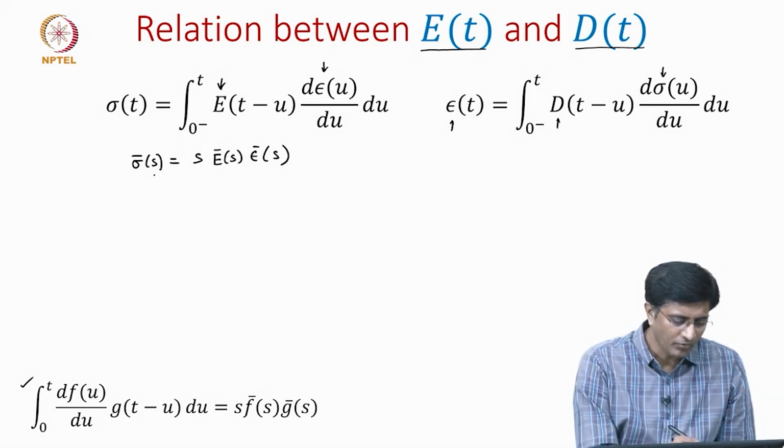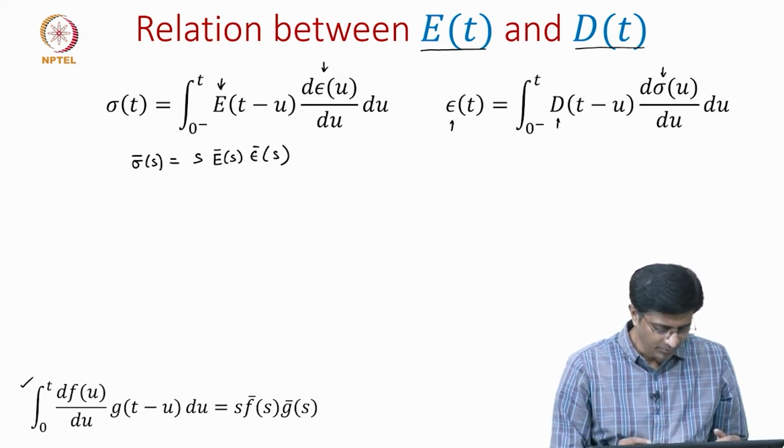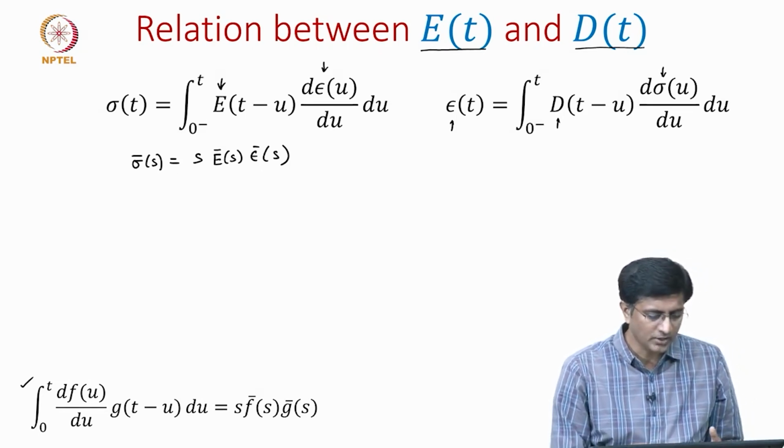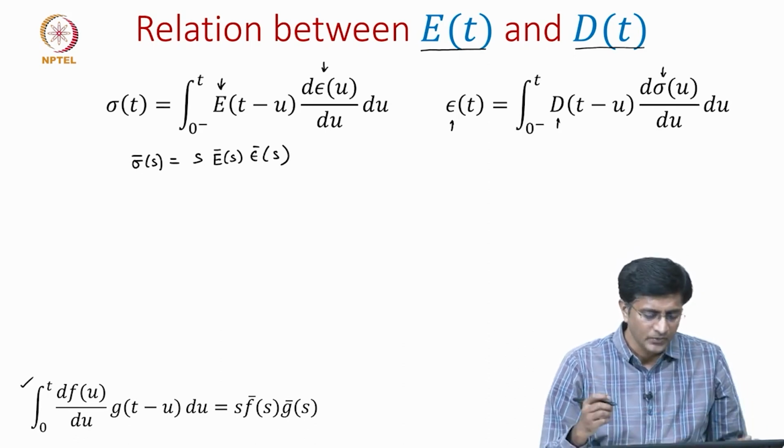So now we got a very simplified relation in the transform domain, simply because we used this convolution integral on the Boltzmann integral we discussed in the previous lecture.